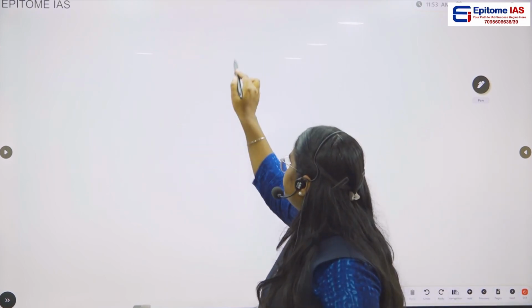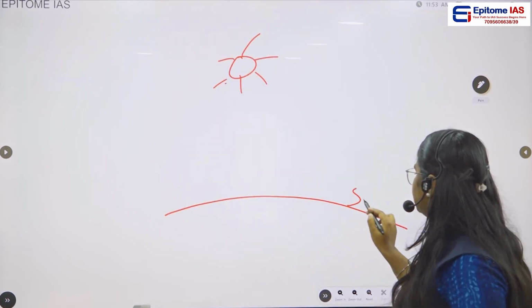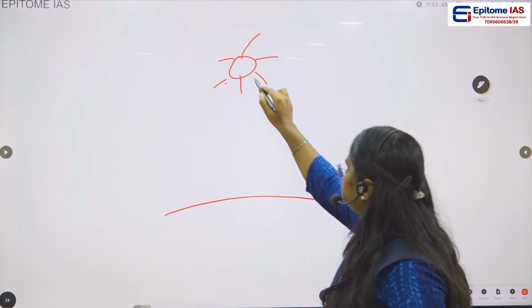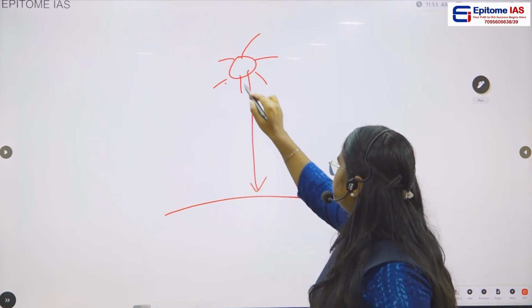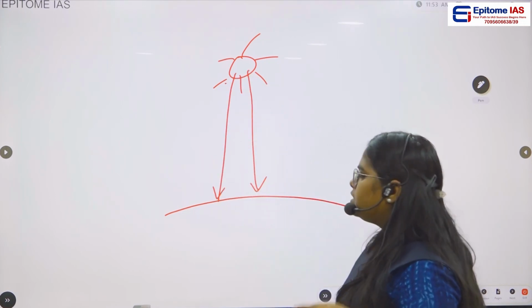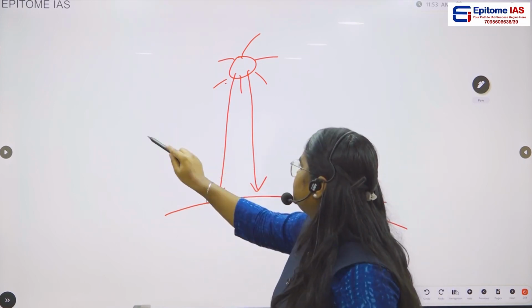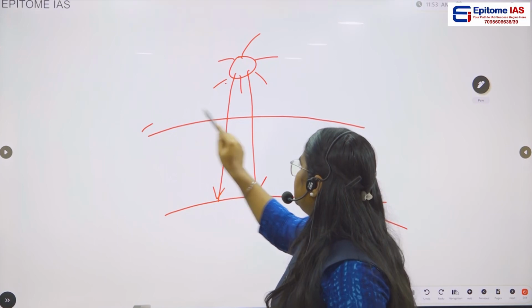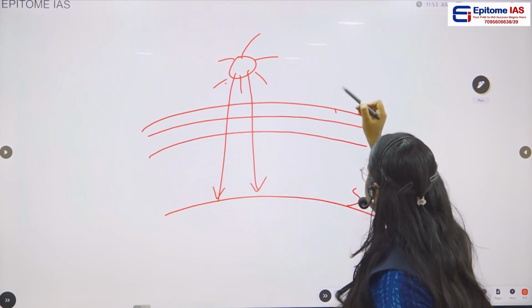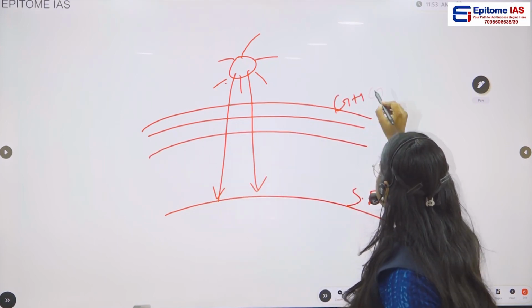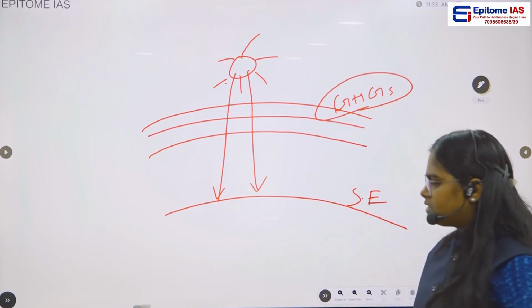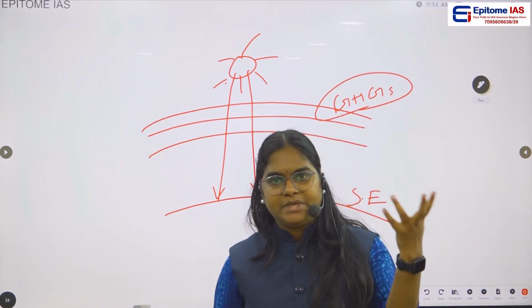So this is the surface of the Earth and this is the incoming solar radiation. Now, let's say this is the atmosphere and we have some greenhouse gases present in the atmosphere, for example carbon dioxide and methane.